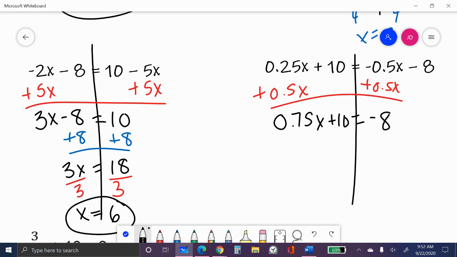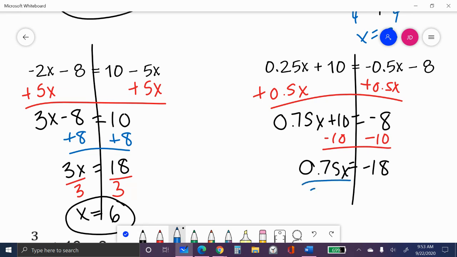Again, it becomes a two-step equation, so I minus 10 from both sides. So I have 0.75x equals negative 18. And then I divide both sides by 0.75. And, oh, not the x. Don't write the x in there.